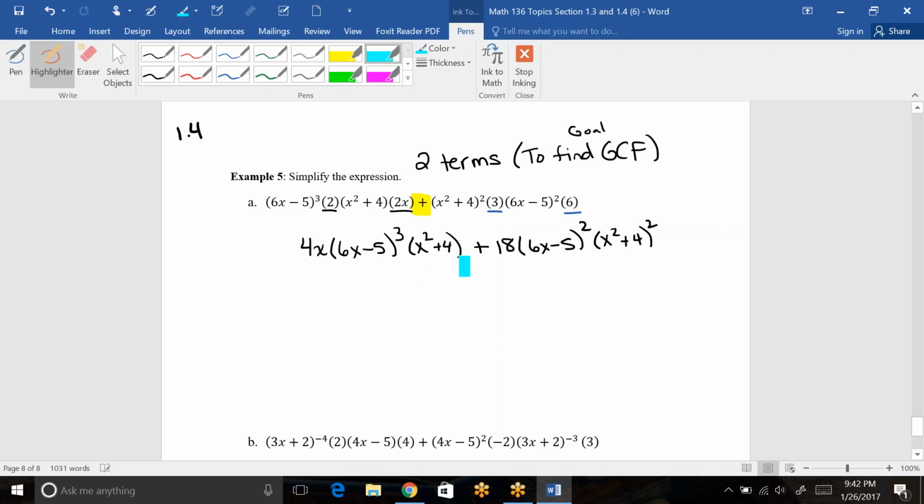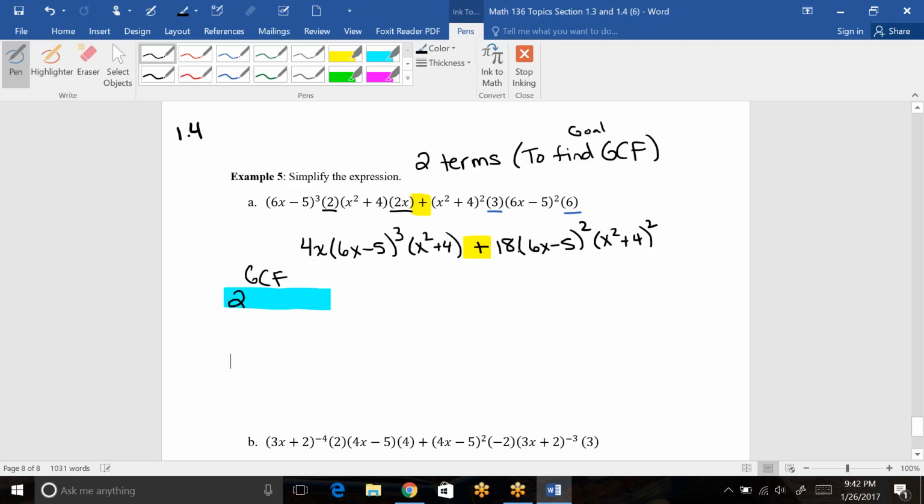Okay, once you get to this point, what we're going to be looking for is an overall GCF to write out front here. And that GCF is coming from these two separate pieces. If you look at the monomial part, the 4 and the 18 out front are both divisible by 2. So I'm going to try to pull out a 2.